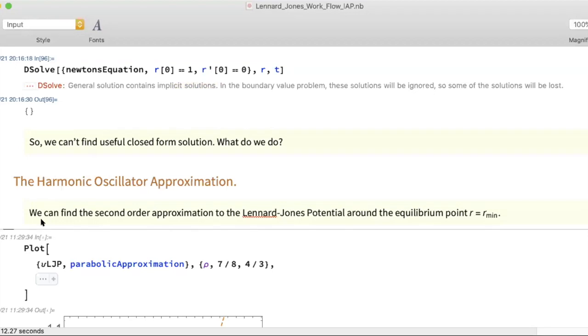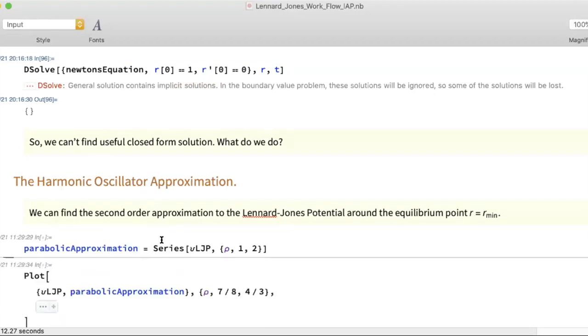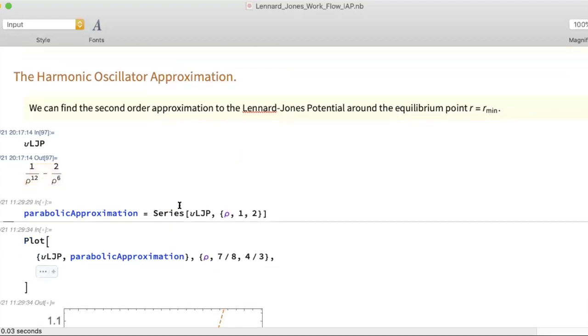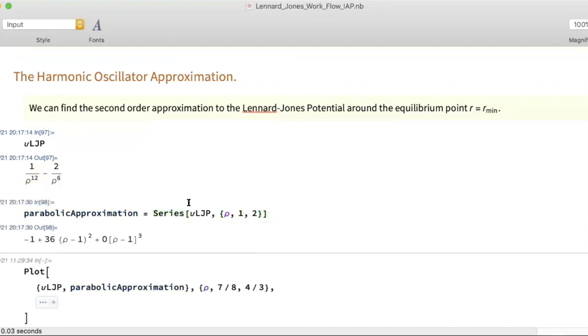Okay, so let's find the second order approximation. So I'm just going to do a Taylor series. I'll remind you what this quantity looks like right here. Right, so I'm now working on using this form of the Lennard-Jones potential. I'm going to look at the series approximation. I'm going to expand that term around 1 up to second order.